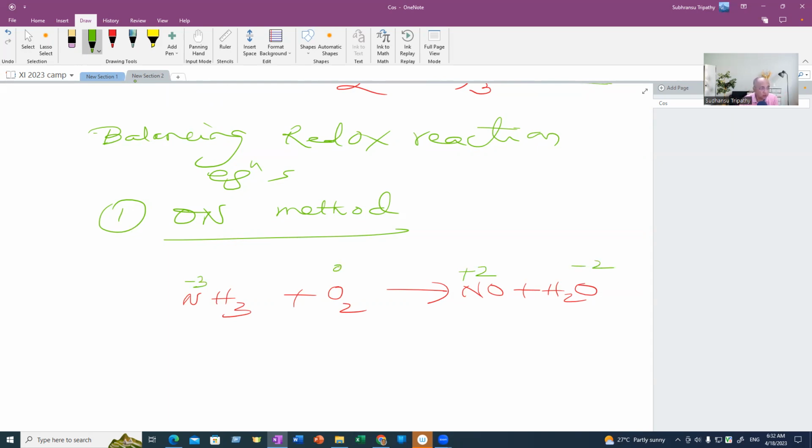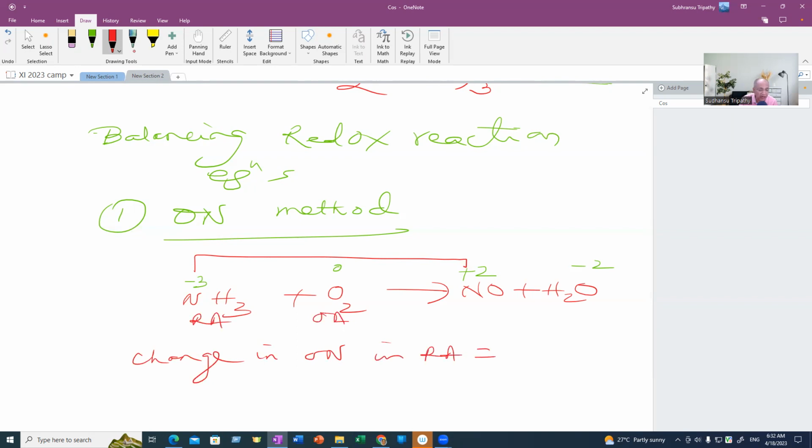Then, first try to understand what I'm doing. You see, -3 to +2, what is the change? How many electrons have been lost? The change in oxidation number in the reducing agent, because this is the reducer, this is the oxidizer.